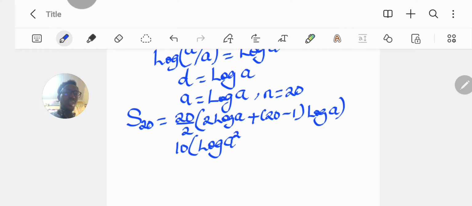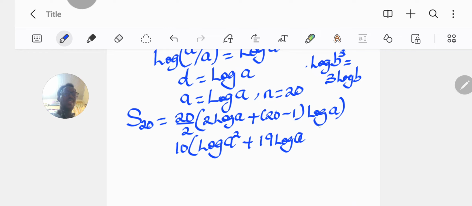This 2 is the same as carrying it to the top of a. If you remember from the law of logarithm, if you have log b raised to the power of 3, it is equal to 3 log b. So the power can come to the back, and from the back it can also go to the top of b. So that's what we have here, plus 20 minus 1, that's 19 log a.